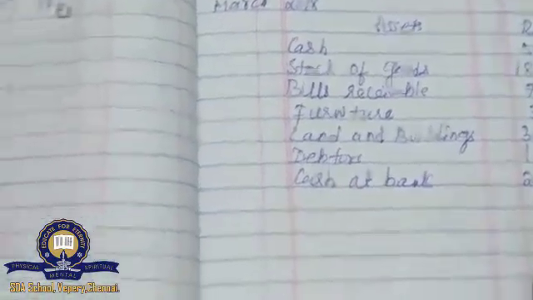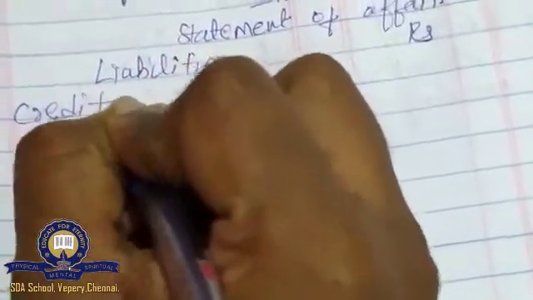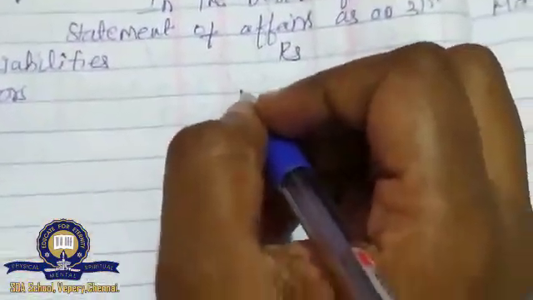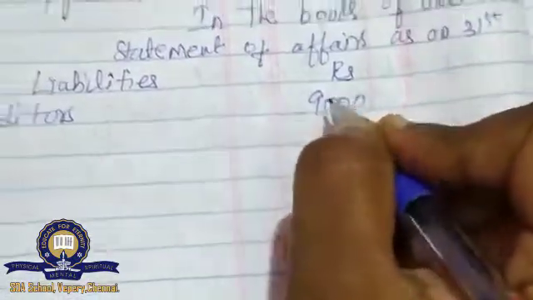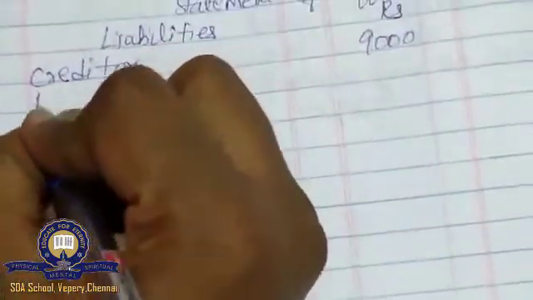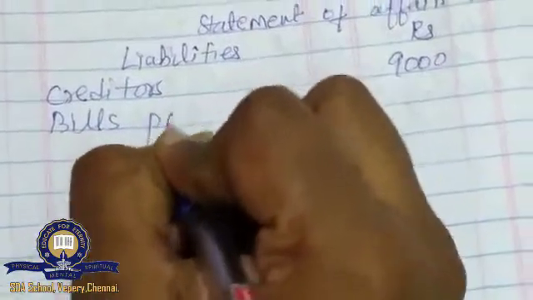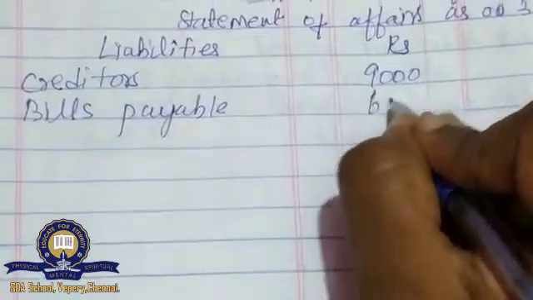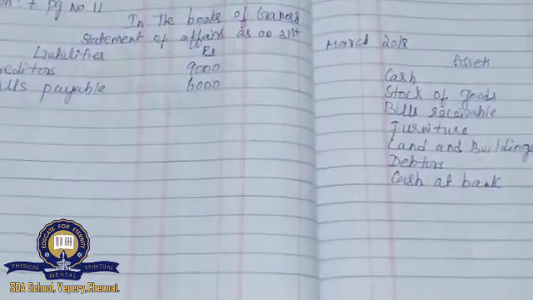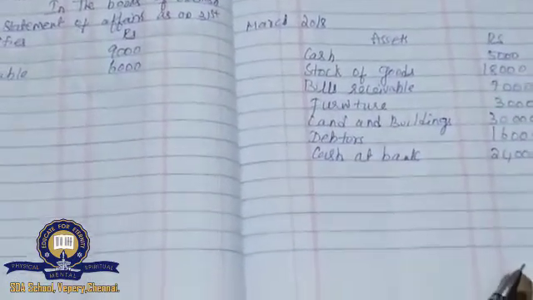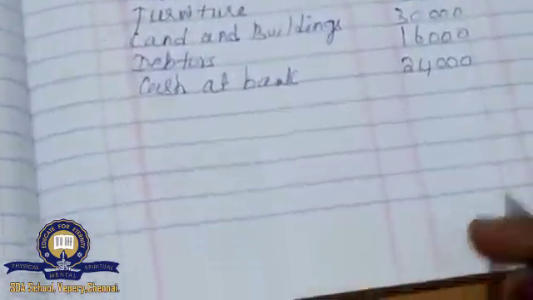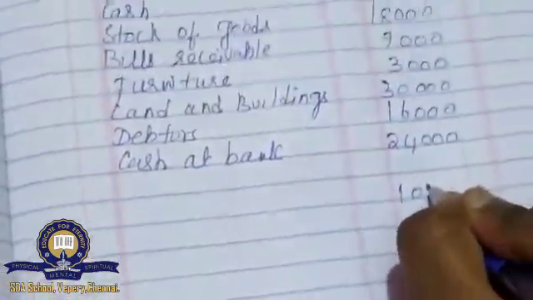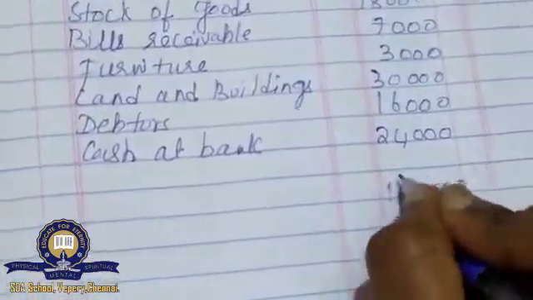So then in liability side, sundry creditors are the same, so 9,000. Then bills payable is 6,000. So we are going to add both the sides, liabilities and asset side. So asset side will be the greater amount. You will be getting 1,03,000.